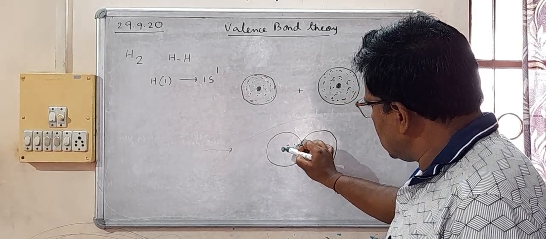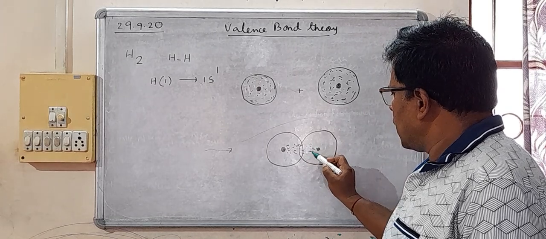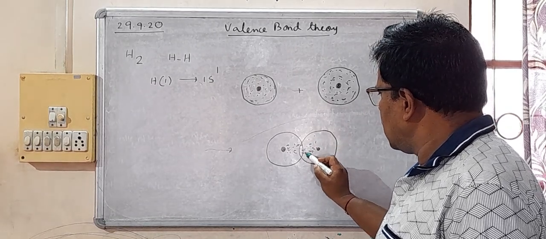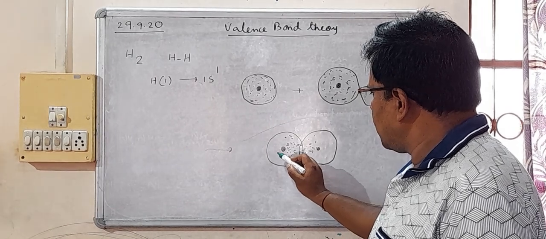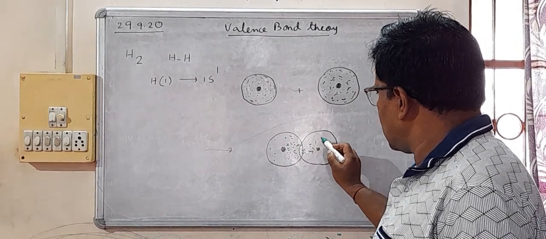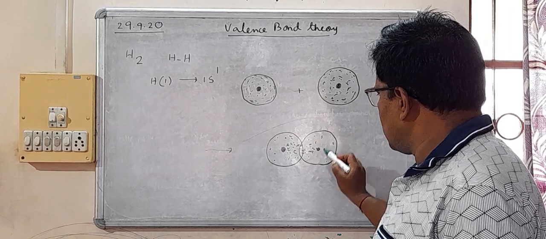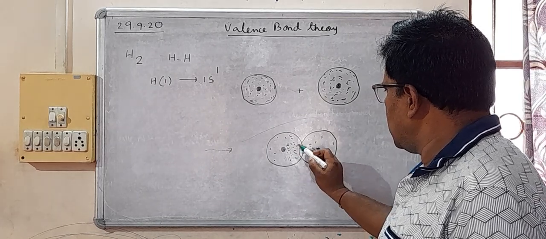So you see at this position, the probability of finding the electron is much more in between the nucleus.